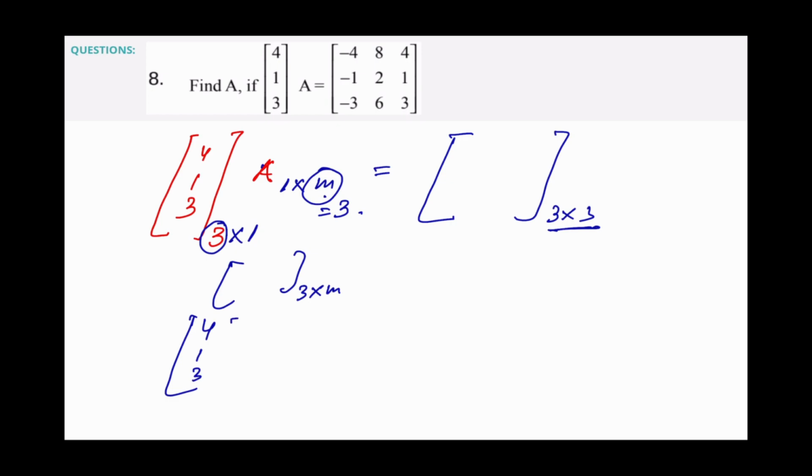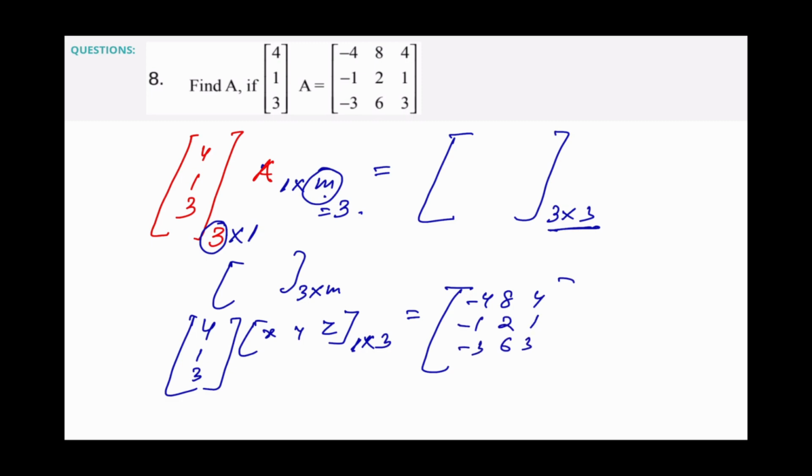So 4 1 3, and this has to be, let's say A, I am taking x y z, 1 row 3 columns, and that is equal to, here if I see, minus 4 8 4, minus 1 2 1, minus 3 6 3. So if I multiply, what am I going to get? 4x, simple. First row, first column, 4x. So 4x, then 4y, then 4z, x y z, 3x 3y 3z.